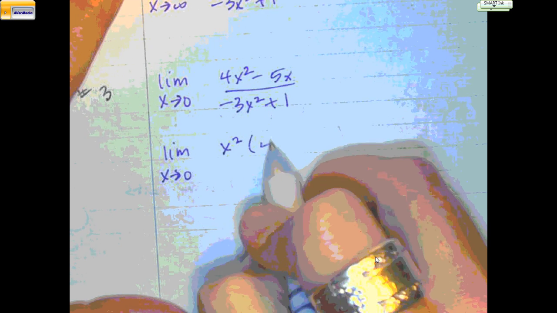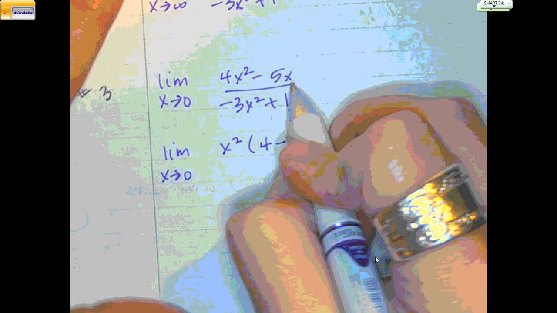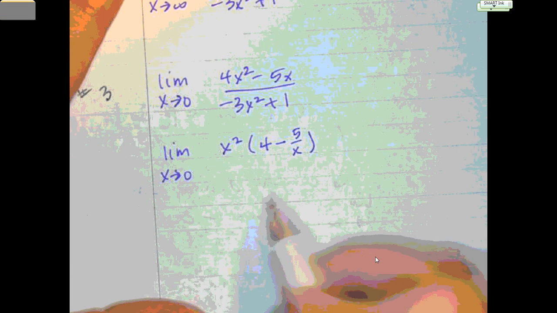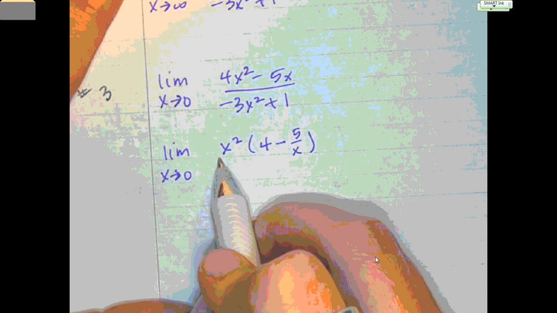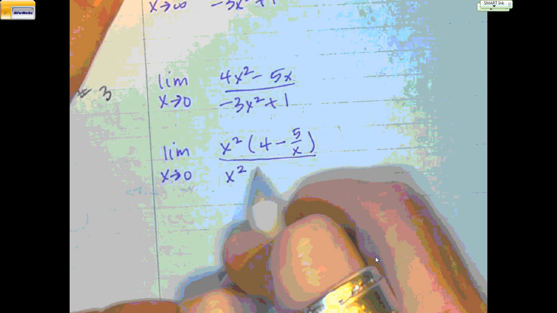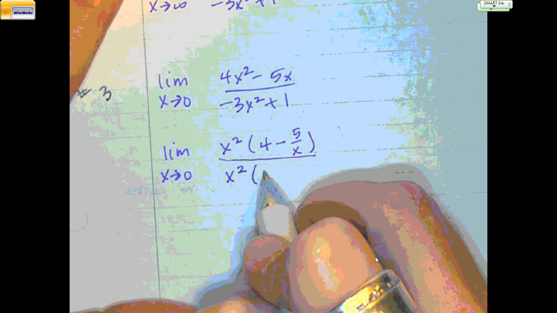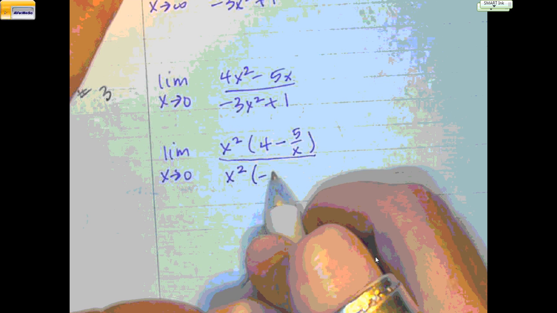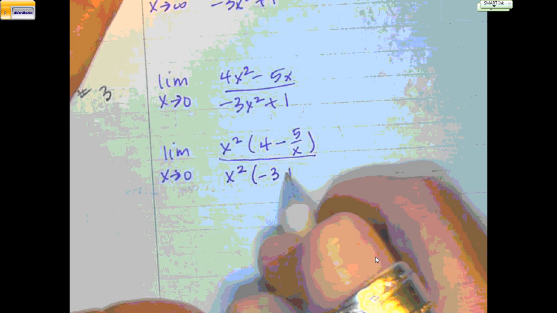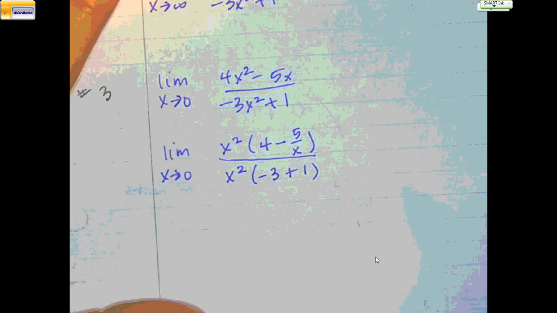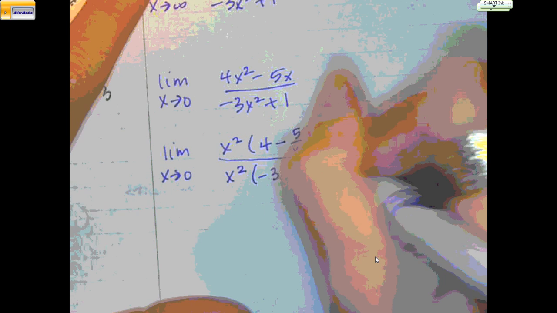So that you wind up with 4 minus, and if you're taking out an x squared, you wind up with x to the negative 1, which shoves it to the bottom. I know. It's pretty, right? And then if we take out x squared down here, I've got negative 3 plus 1 over x squared. My bad.